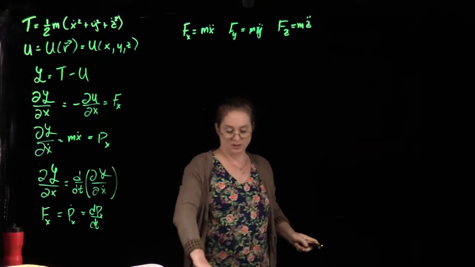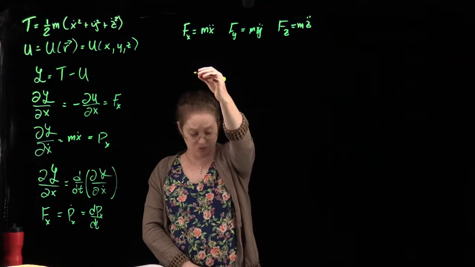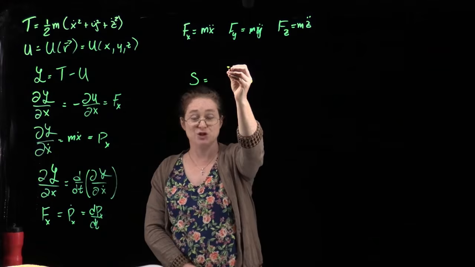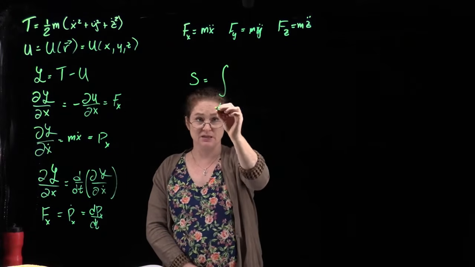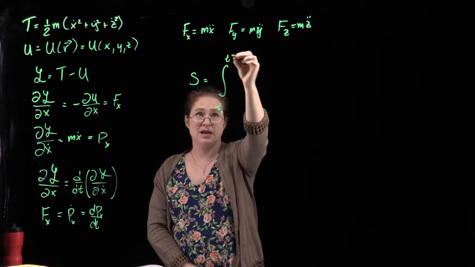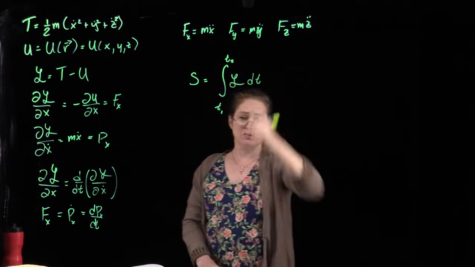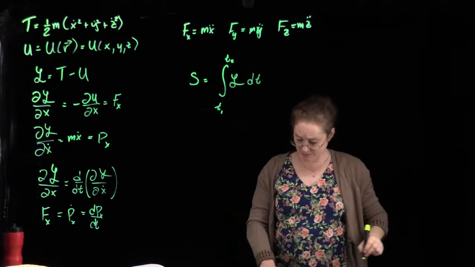Okay, and then we will introduce Hamilton's principle, which defines the action. So here we are explicitly defining S to be the action. It is the integral of the Lagrangian as a function of time.